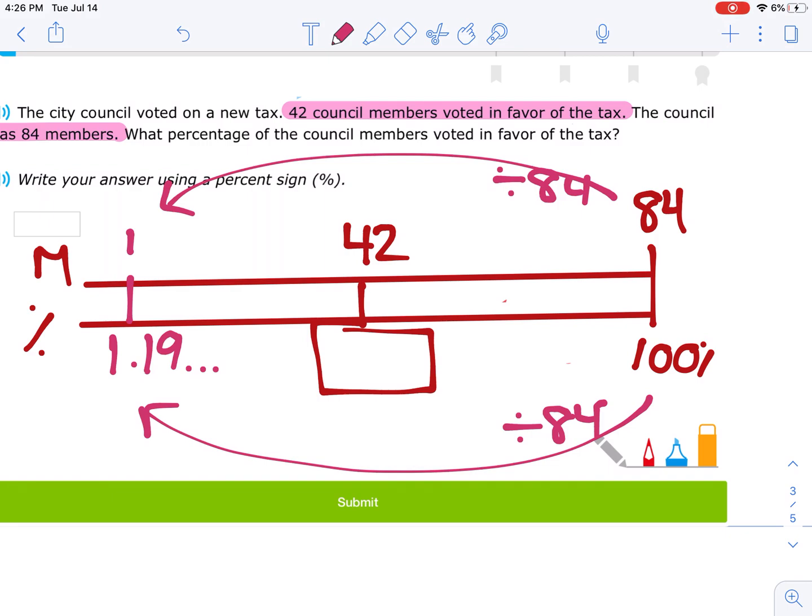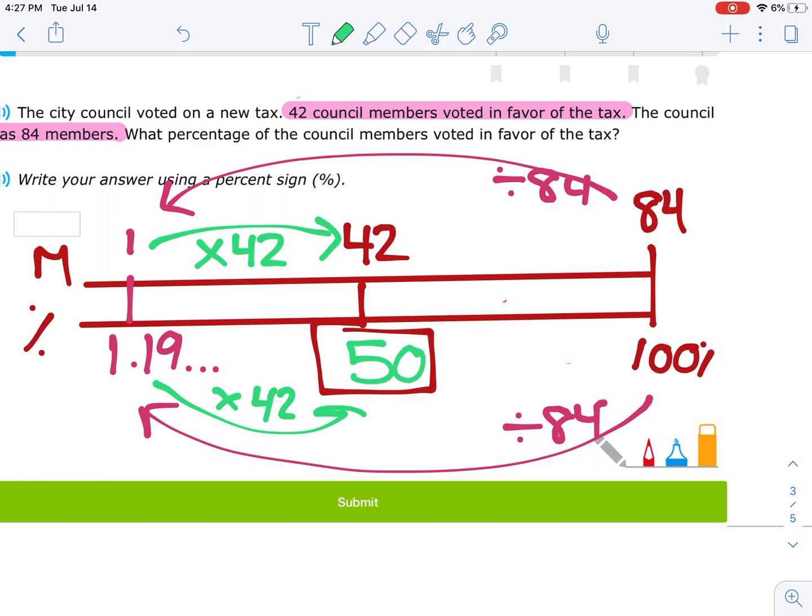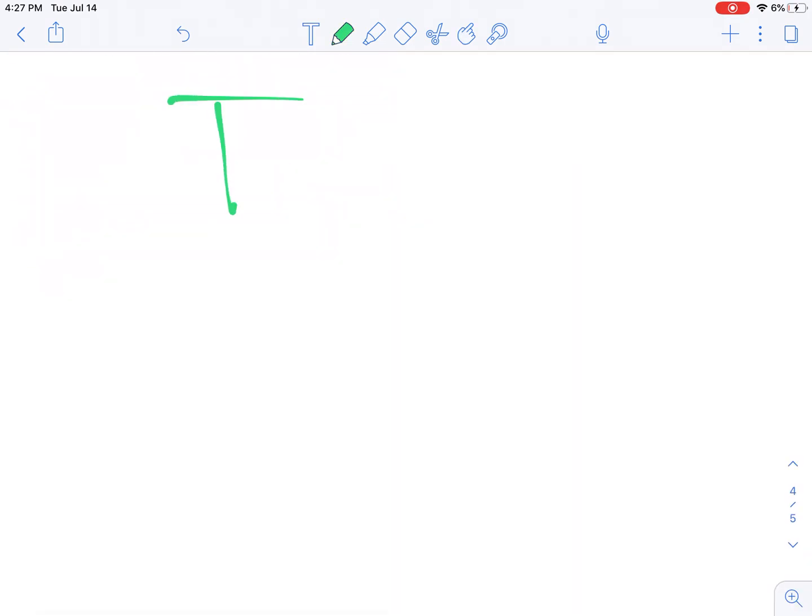Then I say to go from 1 to 42, I'm multiplying by 42. So I need to take this long decimal and multiply it by 42. When I do that, I get 50, which makes sense because 42 is actually half of 84. So that represents 50%.